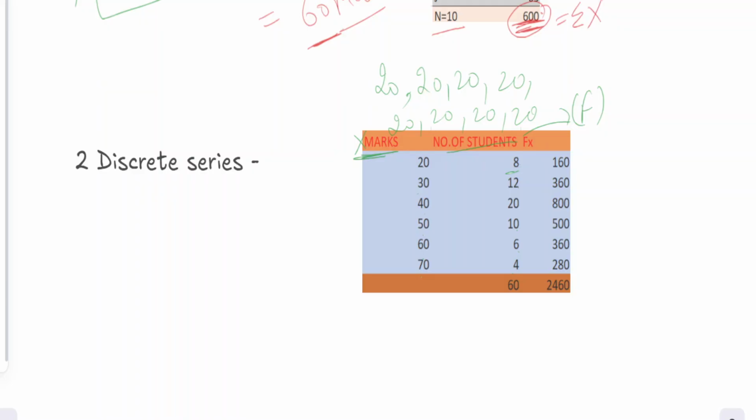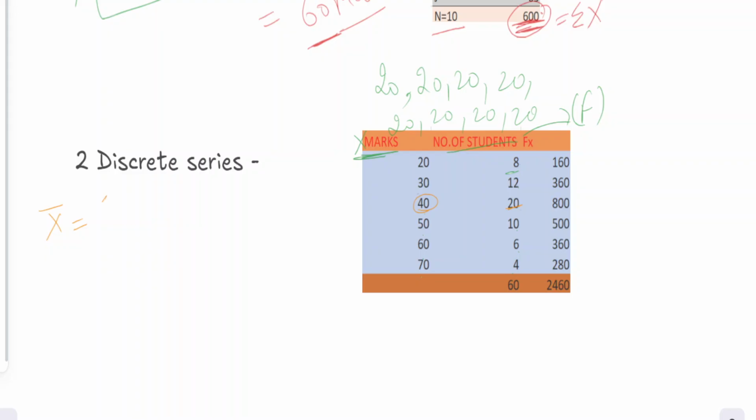So I am not writing it in an individual format but in a table format, which gives me a clearer picture. Now if I ask you what marks most of the students have got, like 20 students got 40 marks, so 40 is the maximum occurring number in this particular series, right?